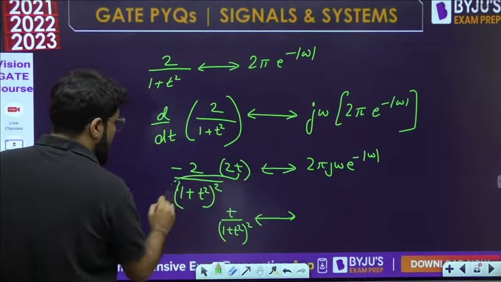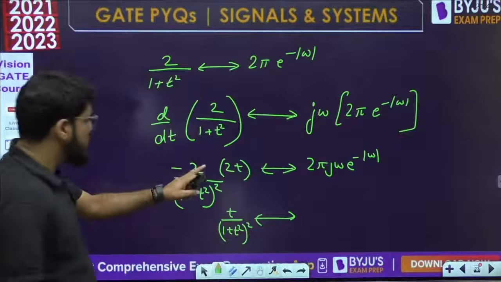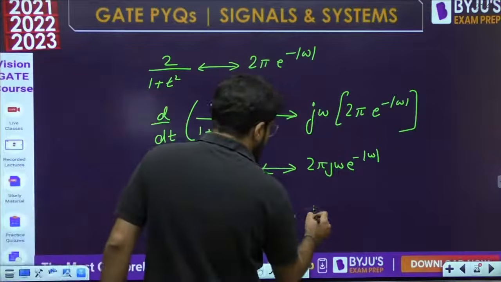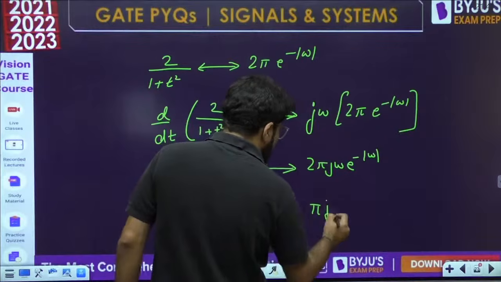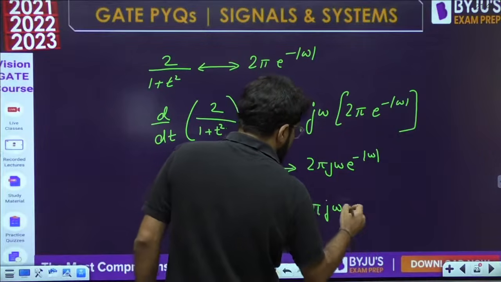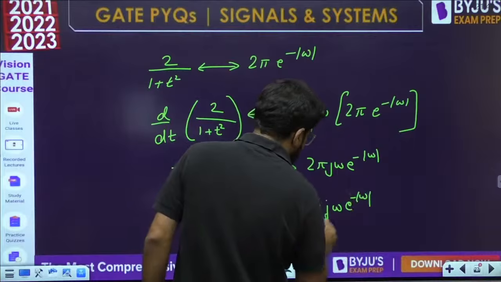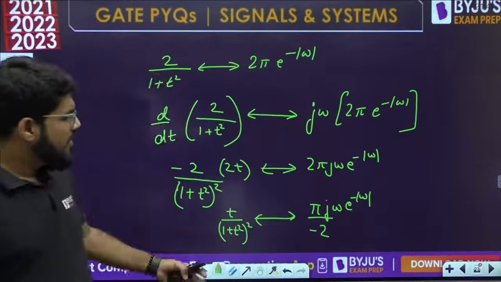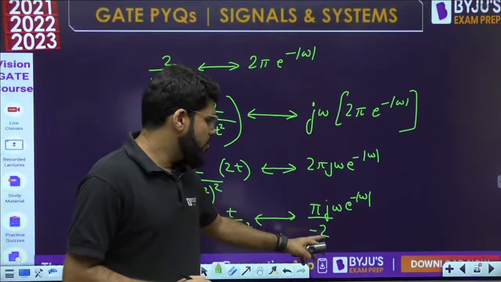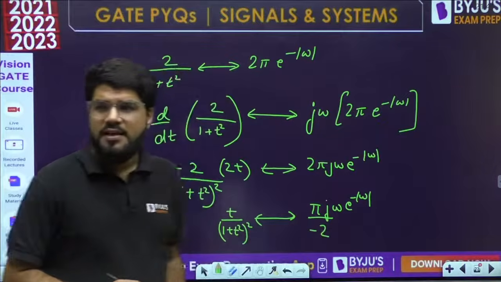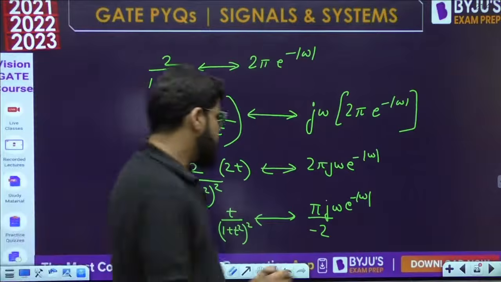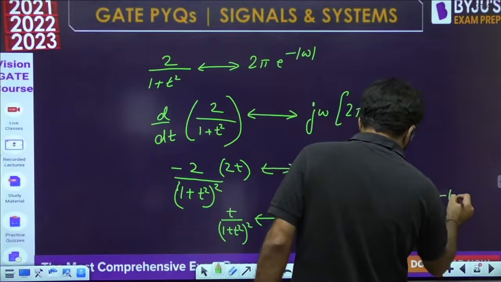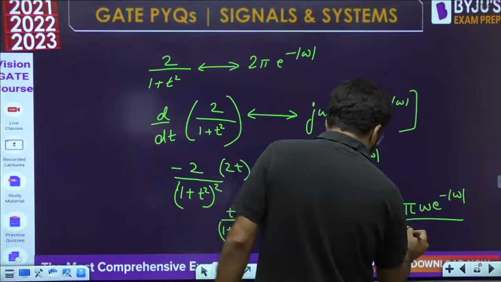One of the two cancelled, the other 2 shifts to the right side, and the minus also shifts to the right side, so you should have pi j omega e raised to the power minus mod omega divided by minus 2. Better, j can also be shifted down, because minus j can be written as 1 by j. So you will get it in the form of pi omega e power minus mod omega divided by 2j.